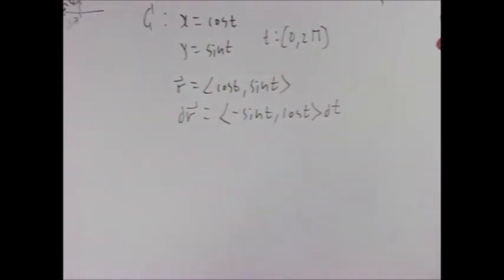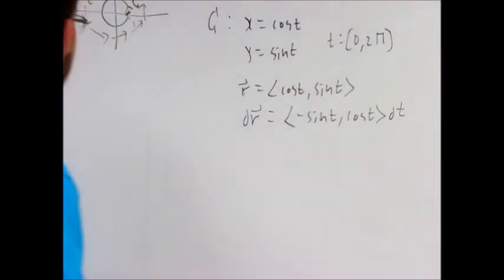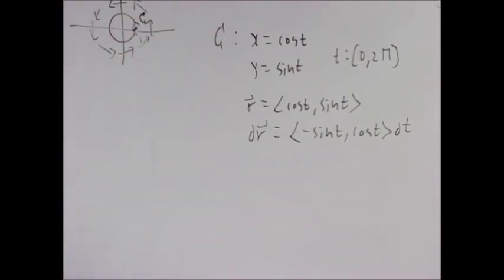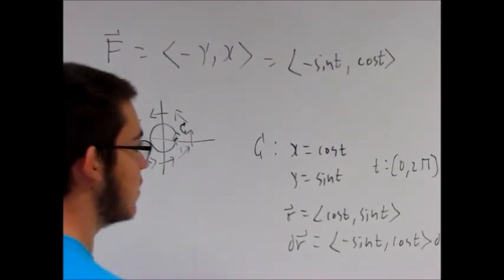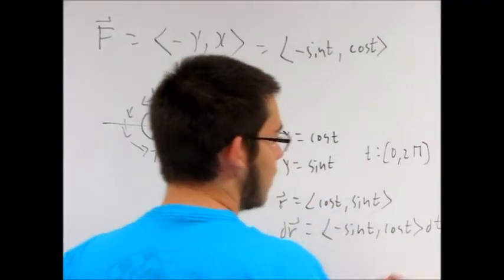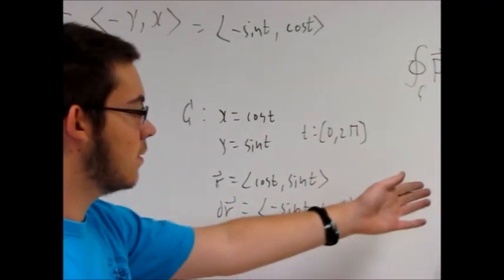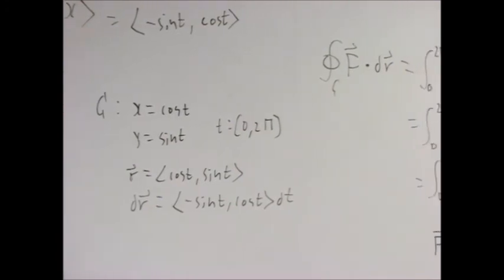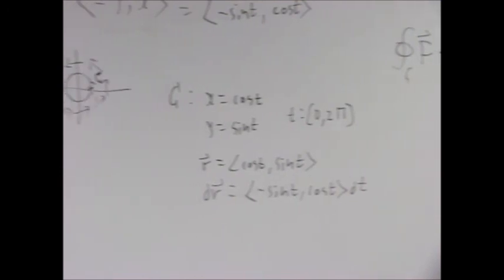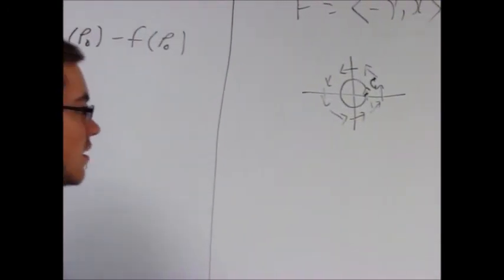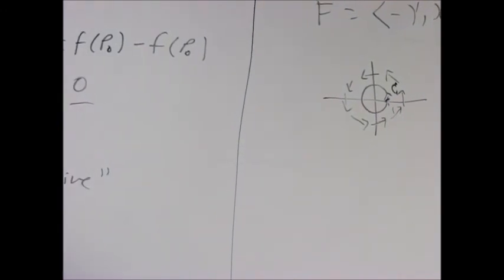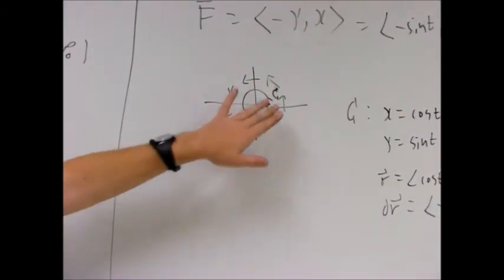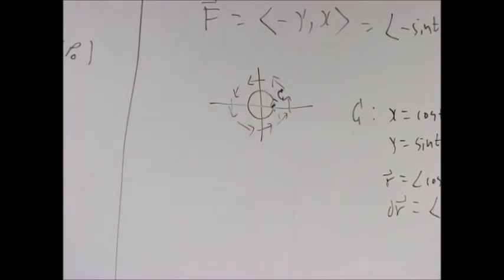There's no function whose gradient is this field right here, because if there were, then this integral, which happens to be over a closed loop, would have been equal to 0, but it's actually equal to 2 pi, so the work done is positive, even though we went in a circle. And there are some fields in nature that are not conservative, like magnetic fields. They're not conservative because they do curl around in a circle like this.